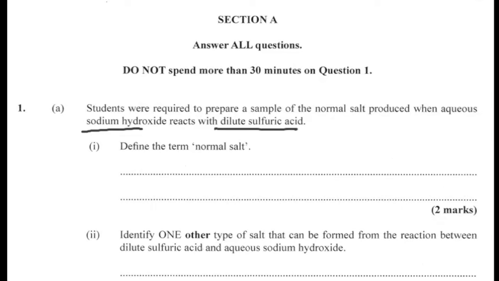Sulfuric acid is a diprotic or dibasic acid. For every 1 mole of sulfuric acid, we will get 2 moles of H plus ions. So 1 mole of this gives us 2 moles of that, so we say it's diprotic. Now, when all of the H plus ions are replaced by a metal or ammonium ion, we get what we call a normal salt. So we'll just write that.